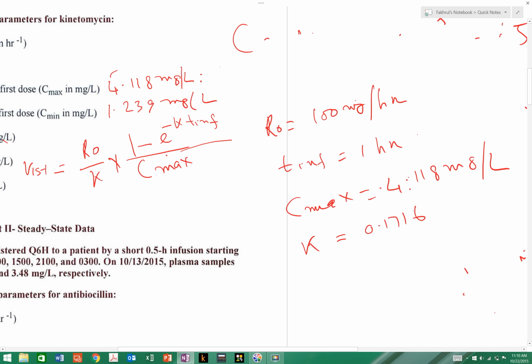So you put that information here. R0 100, divided by 0.1716 times 1 minus e to the negative K, which is 0.1716, times T, which is 1.